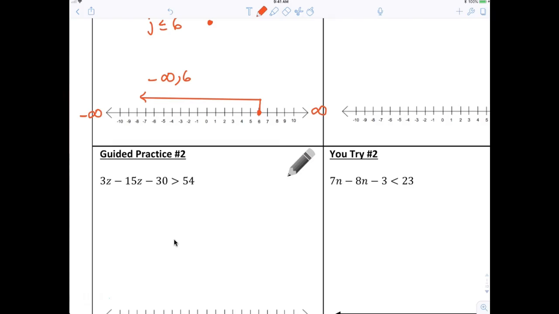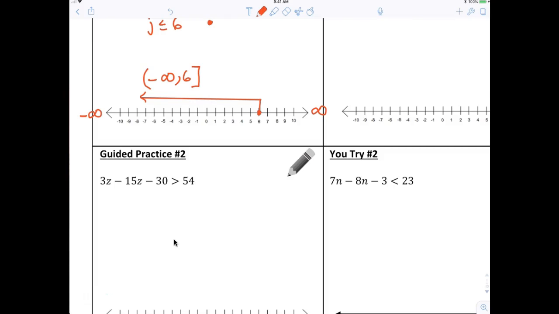So we don't include negative infinity, but we do include 6. Notice the difference. One is a bracket, one is a parenthesis. If it's equal to, it requires a bracket. If it's not equal to, it requires a parenthesis. Everybody with me? Any questions?